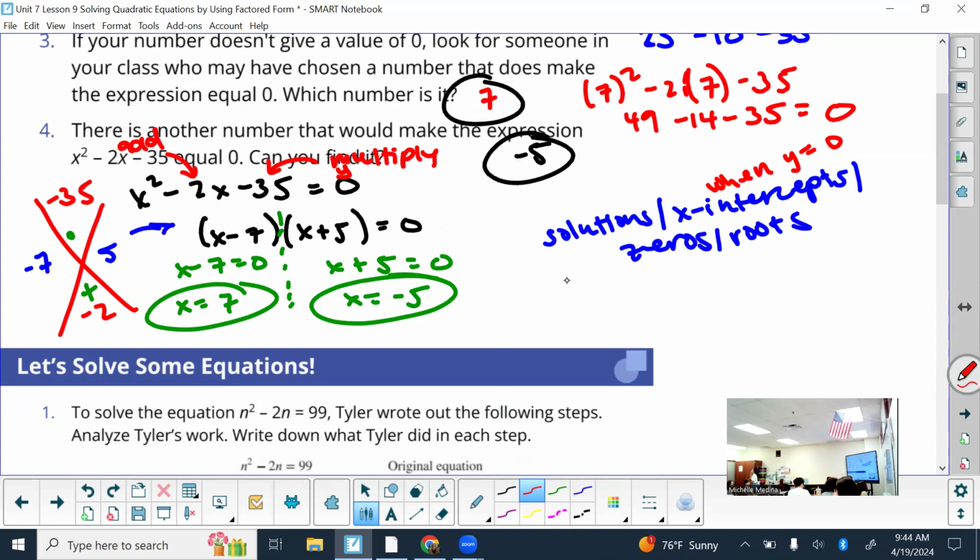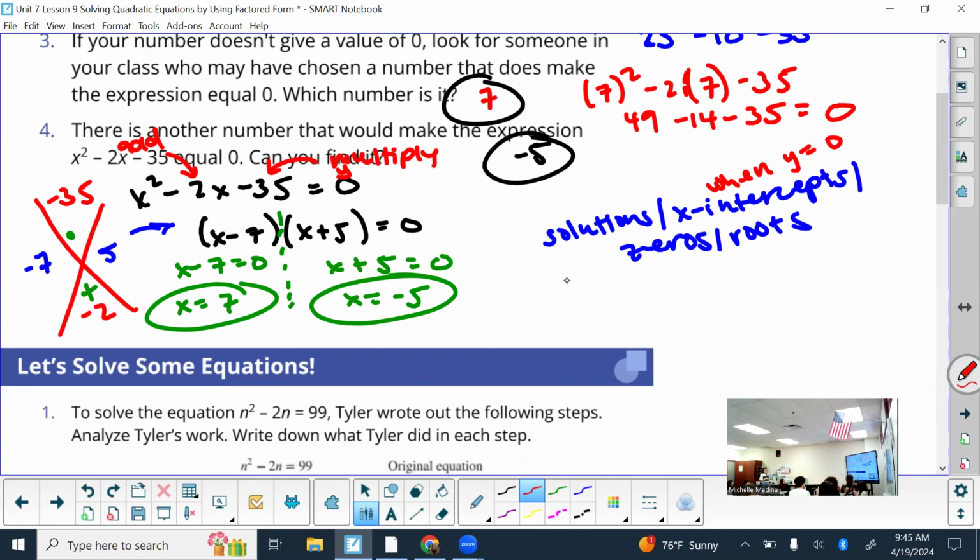So now attach what you've learned about going to factor form. And now we're setting it equal to 0 and solving for our zeros, our solutions. Does that make sense? So that's the goal of today.